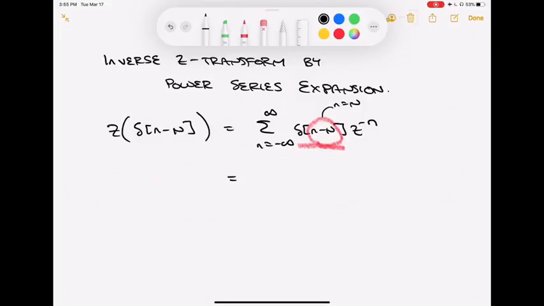So when little n equals cap N, I get delta, which is 1, times z to the minus little n, but little n is cap N, so I get 1 times z to the minus cap N, or I could just write z to the minus cap N. A shifted delta function is just a power of z. Since any discrete signal can be represented as a bunch of delta functions shifted all over, any discrete signal can have its z transform written as a series expansion.